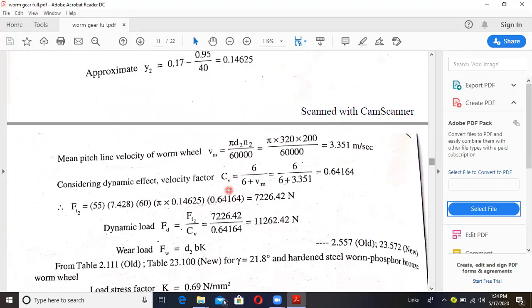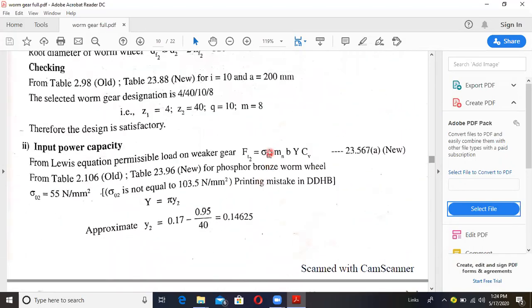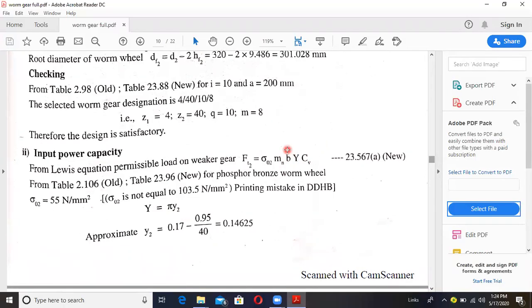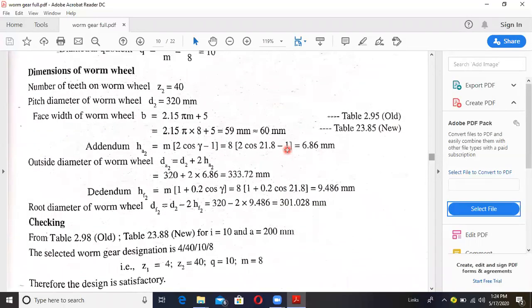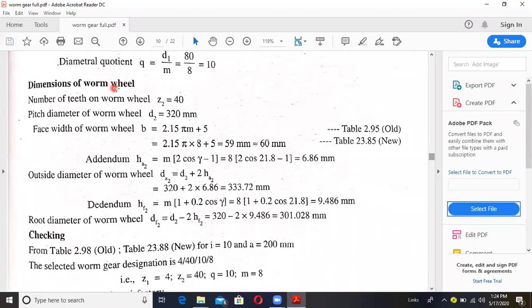Now here, sigma naught 2 is over, 55. Mn you previously calculated in the first step. Just now you have calculated capital Y is equal to pi into Y2. CV you have calculated. But the face width B you will calculate in the dimensions. See here, in the design of worm wheel, you will get the face width of the worm wheel B is equal to the formula.